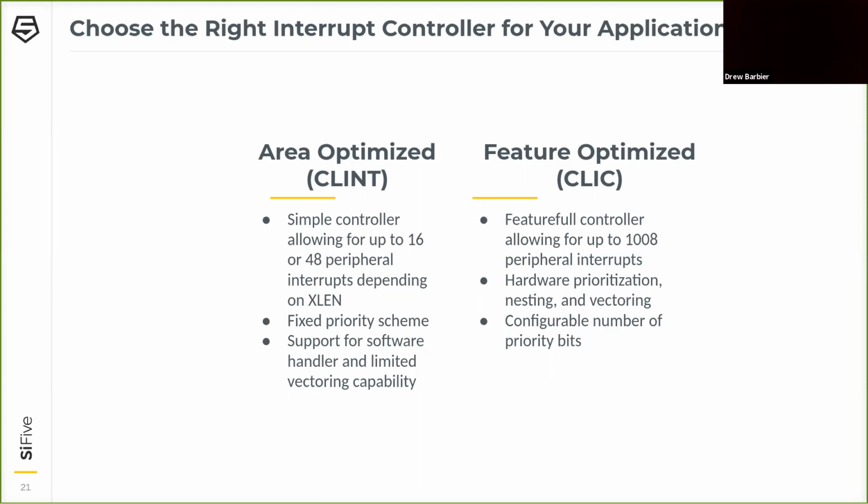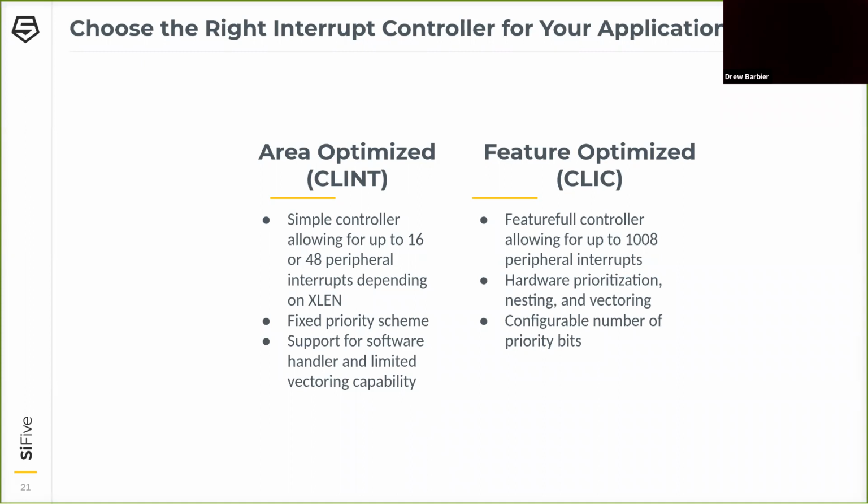This interrupt controller is perfectly capable for applications which still require interrupts, but maybe light management of the interrupts. What I mean by that specifically is the priority scheme of the interrupts is fixed, and I'll talk a little bit more about that in the next slide. But the CLINT does still have support for limited vectoring capability.